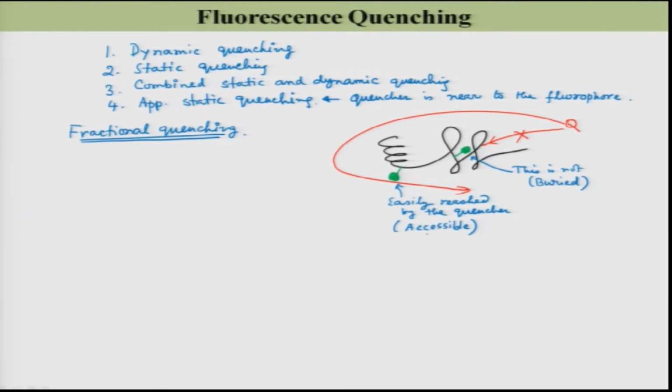So, the fluorescence intensity due to this fluorophore will decrease, but the fluorescence intensity of this fluorophore will be unaffected, right. Clear?